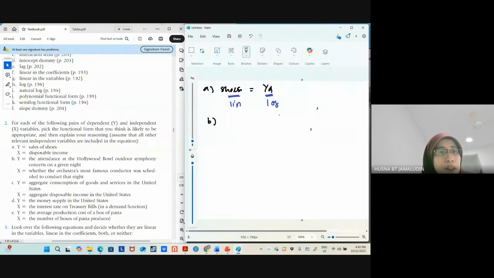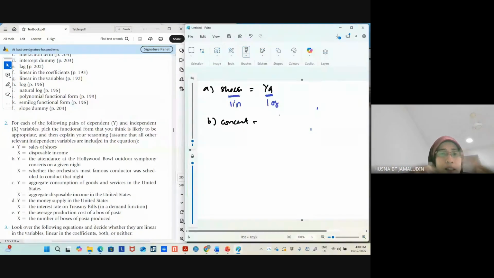B is attendance at the symphony concert. So concert attendance is a function of whether the orchestra's most famous conductor was scheduled to conduct that night.